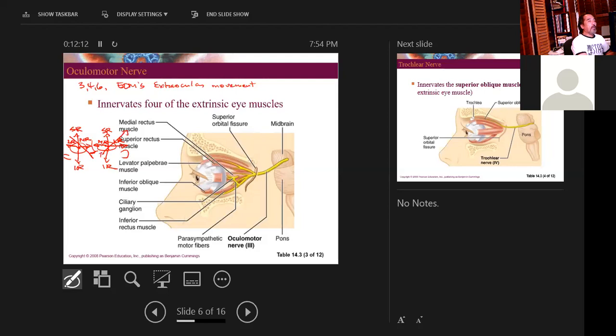The muscles that go in angles are going to be the superior oblique here and the inferior oblique here, and then the inferior oblique here and the superior oblique here. So, 6 muscles: superior rectus, inferior rectus, medial rectus, lateral rectus, superior oblique, and inferior oblique.